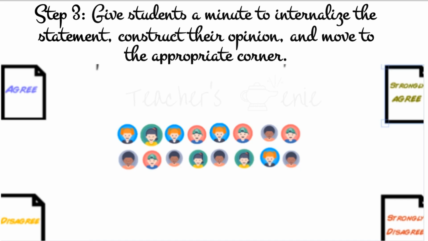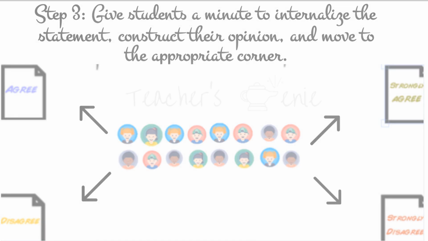Let them internalize this idea and form their own opinion regarding the role of plants in oxygen production. Then ask the students to move to the corner of the room that aligns with their level of agreement or disagreement with the statement. So overall, this process allows students to engage in critical thinking and decision making.